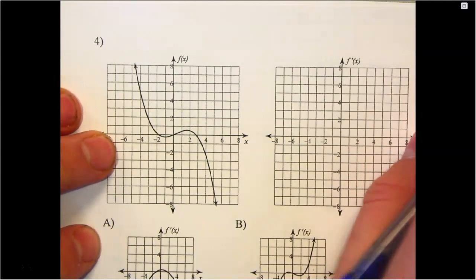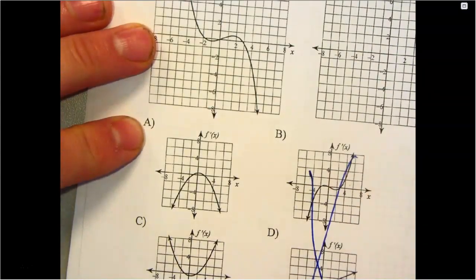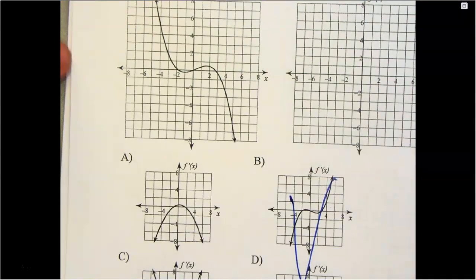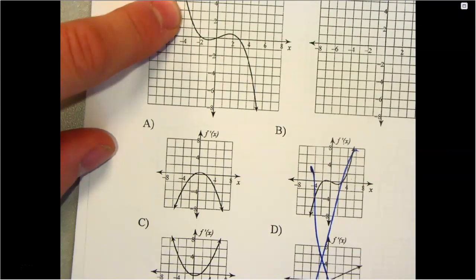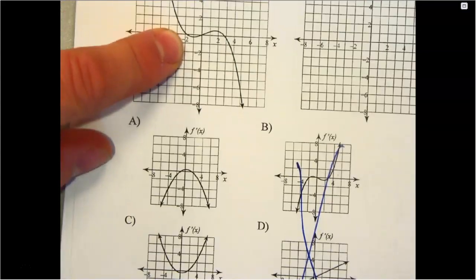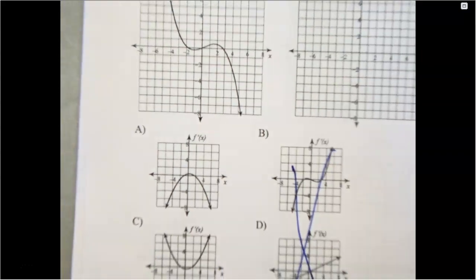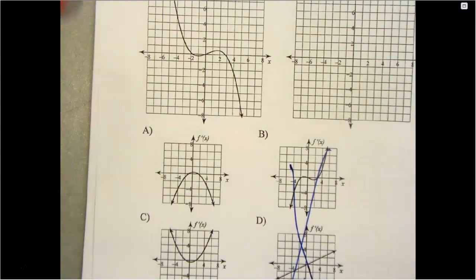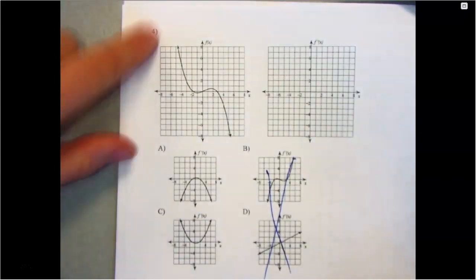That is 2 wiggles, so our derivative should have 1. So it's got to be A or C, right? And then in the first portion of the graph, the most left-hand portion, are we increasing or decreasing? Decreasing. So our derivative needs to be below.